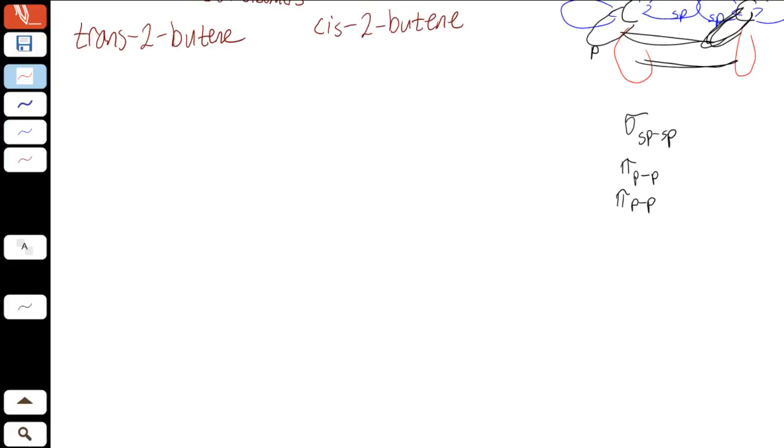So the last thing we're going to say is when we draw line structures of these things, there's a couple different ways we can do it. So double bonds, generally, if we're drawing some big structure, you're generally going to draw whatever you're going to draw, and then you add the double bond just by adding a second line.